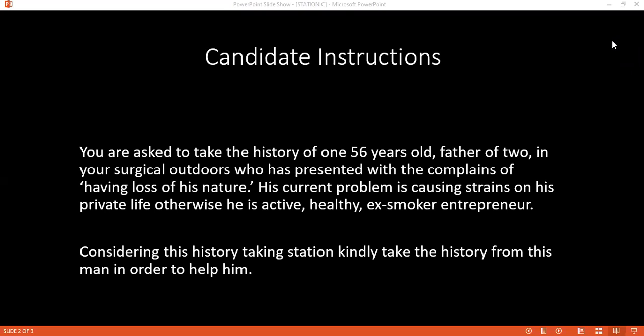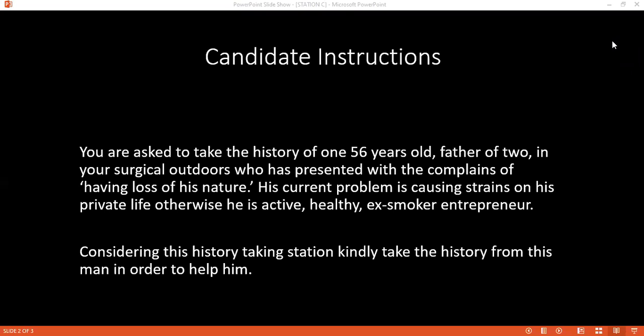He also has family issues. And he has no other medical condition or history of surgery or on any other medications. He is a smoker, smokes 10 sticks per day for 10 years.